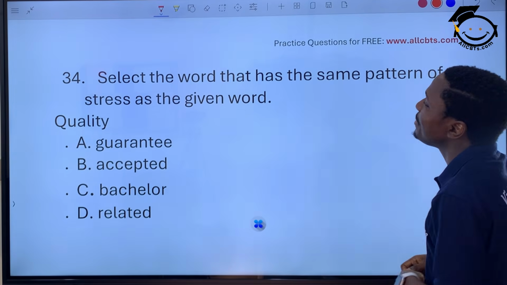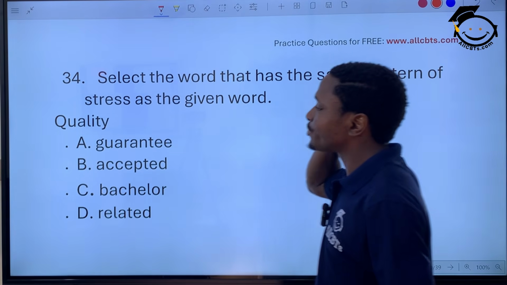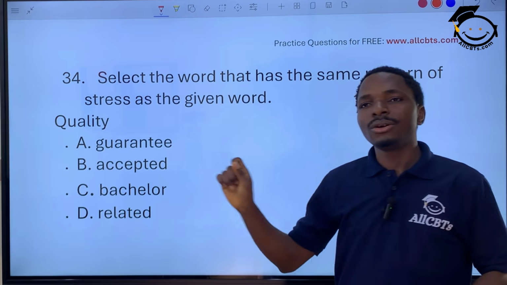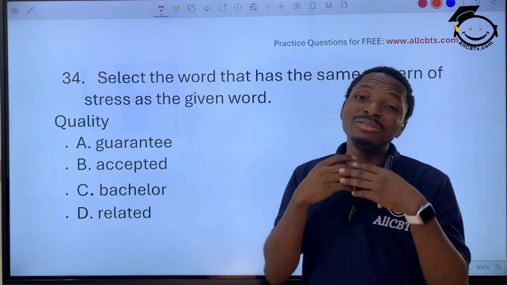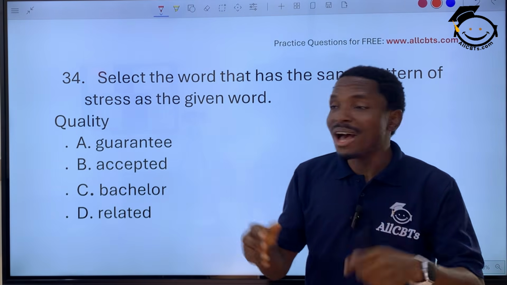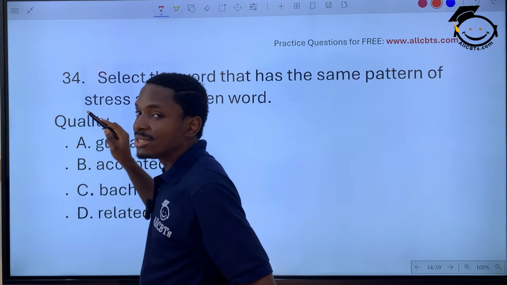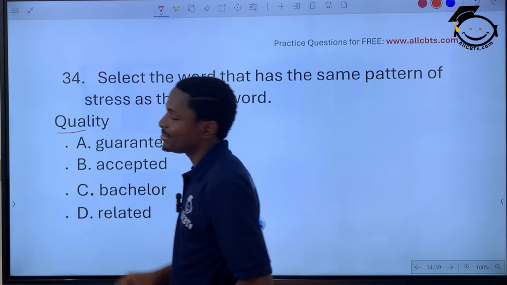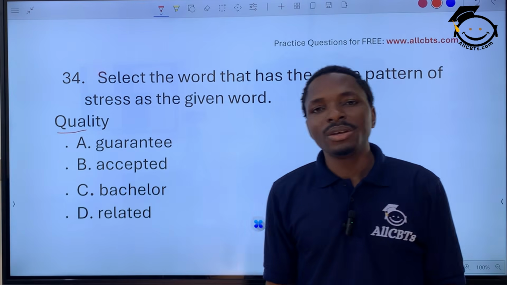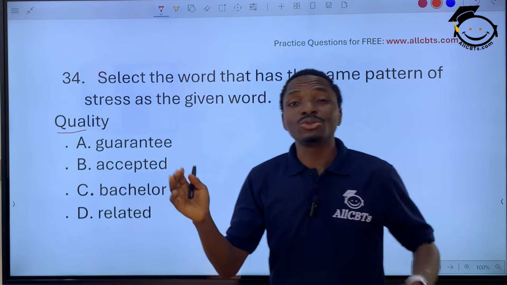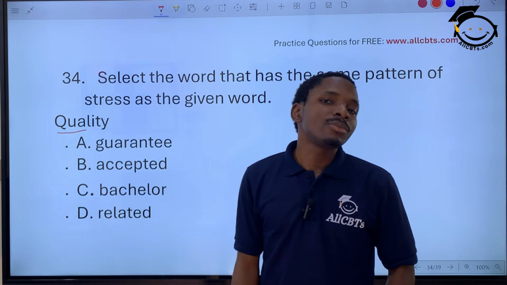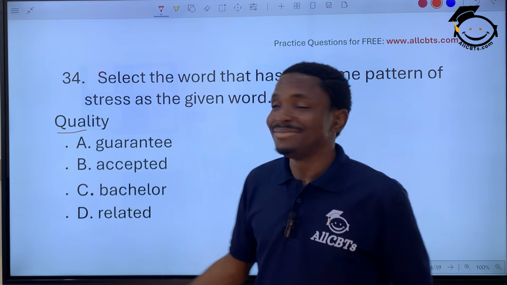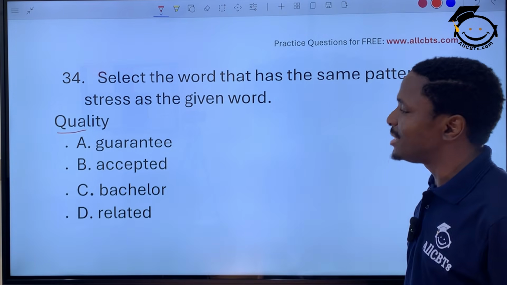Select the word that has the same pattern of stress as the given word. Quality. Even without going too far, you can tell that the stress is on the first syllable, quality. Okay, three syllables.